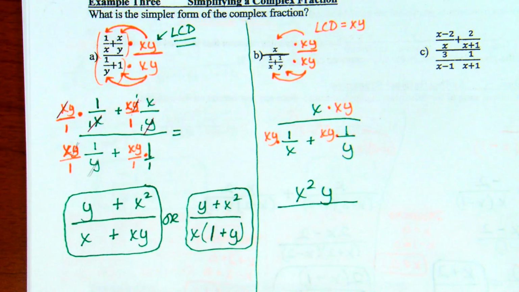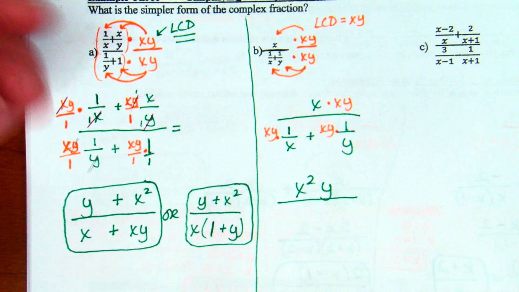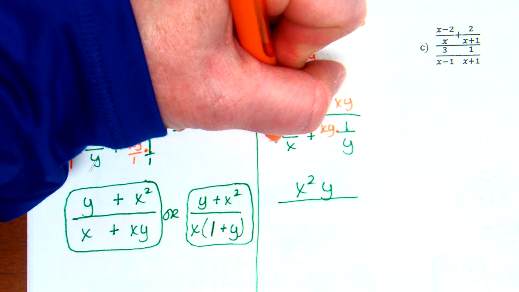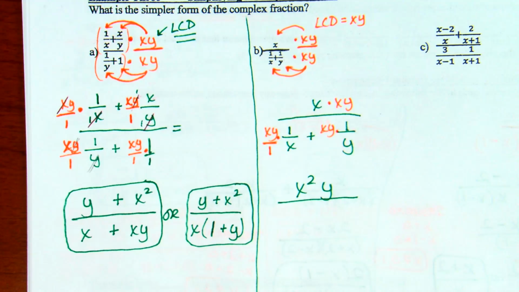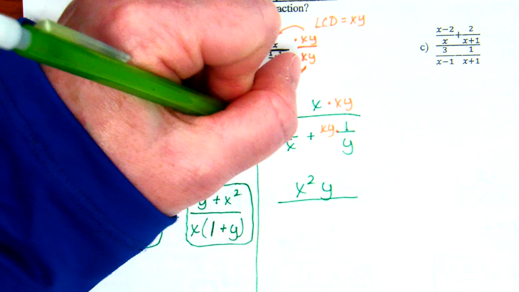Okay, in the denominator, when I multiply 1 over x times xy, you guys want the visual? What is xy? It's xy over 1. Can we cross cancel? Yeah, you want to, right? We can cross cancel an x. So we cross cancel an x. What remains?